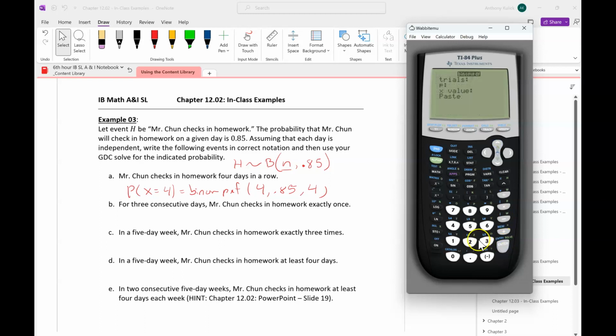Again, we're PDFing because it's an equal sign. So 0.522.